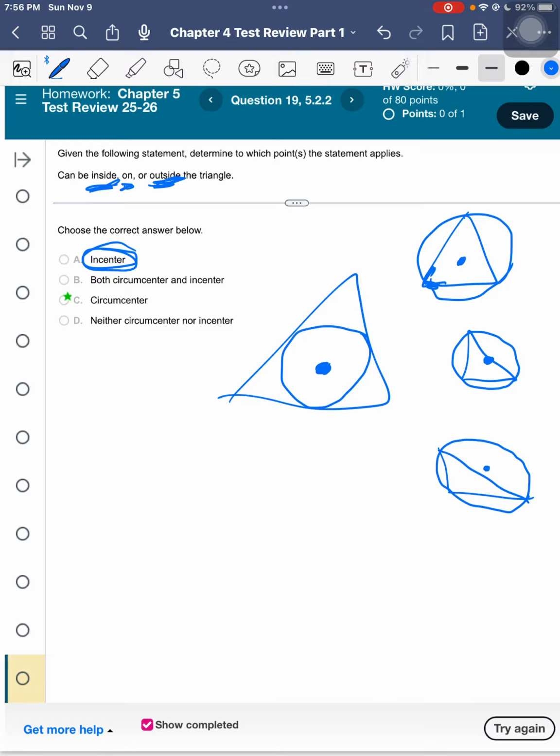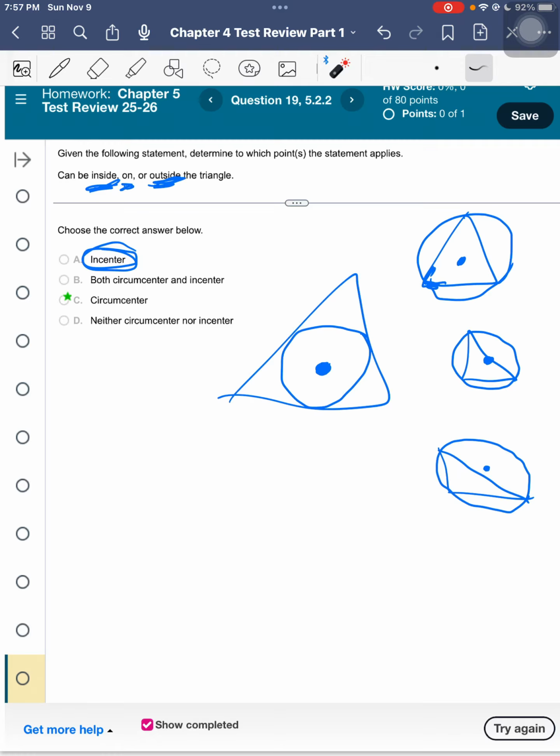However, in an incenter, because your circle is always going to be inside of your triangle, and the center of the circle is obviously always inside your circle as well, then if the circle is inside and the center is inside of that, how can this center ever be outside the triangle?